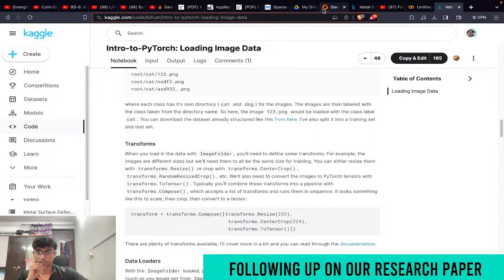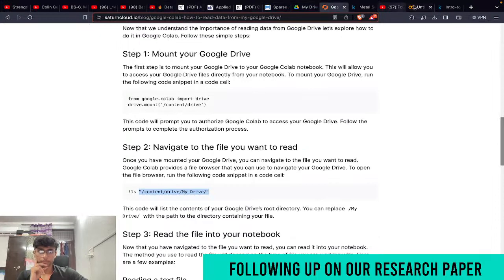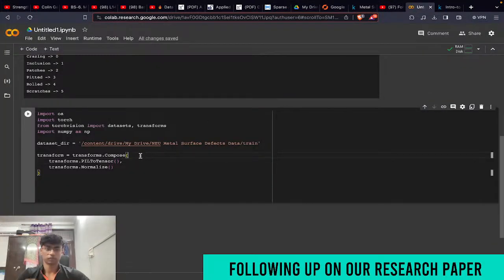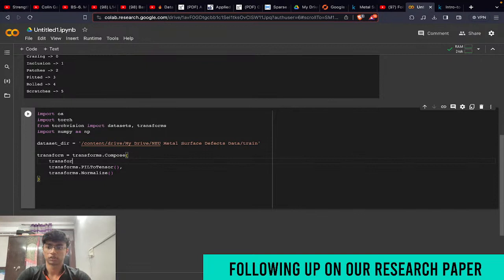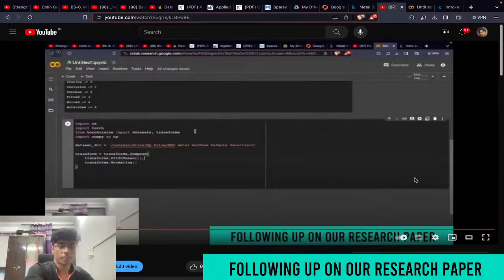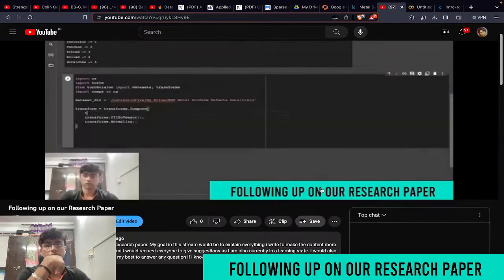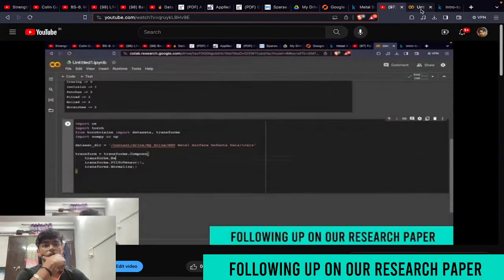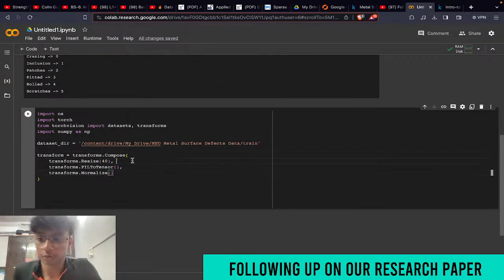And resize. I think in the paper they resize it to... Wait a second. Okay, no more distractions.